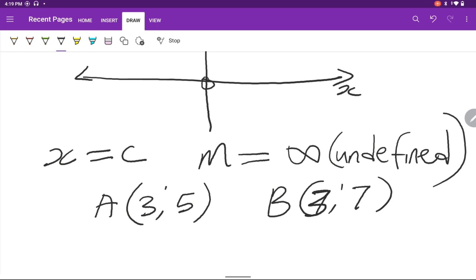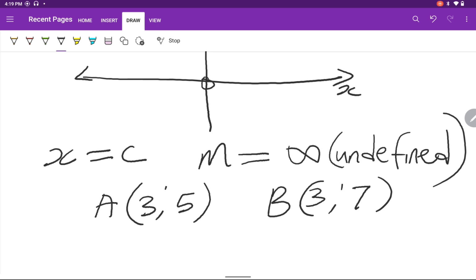We have 2 points, and we want to calculate the equation of a line which passes through point A and point B.